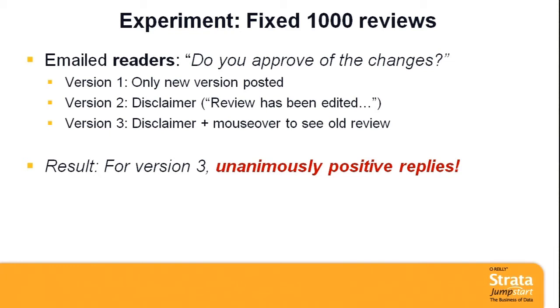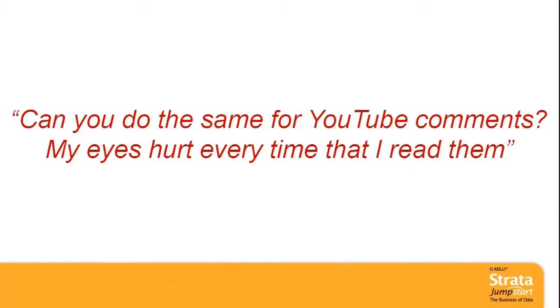However, in the third version, when we put a disclaimer, this review has been edited for grammar and spelling only without changing any of the actual content, nobody complained. Actually, one of the comments that I got back was, can you do the same for YouTube? My eyes hurt every time I look at these comments. Just fix them and let me afterwards figure out what the guys were writing.